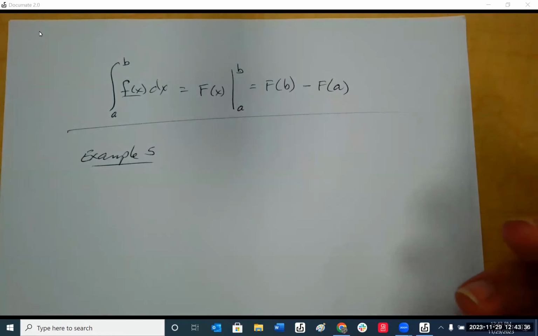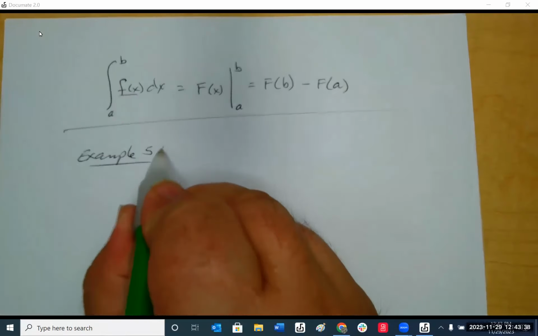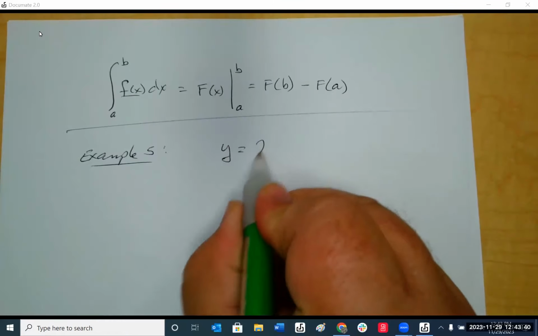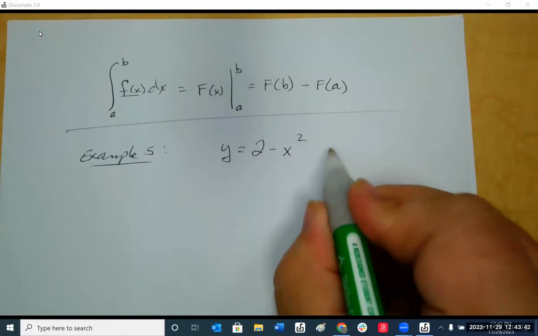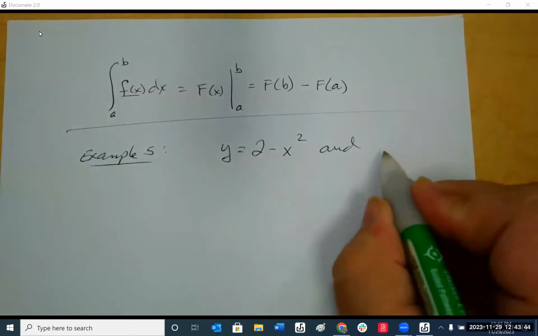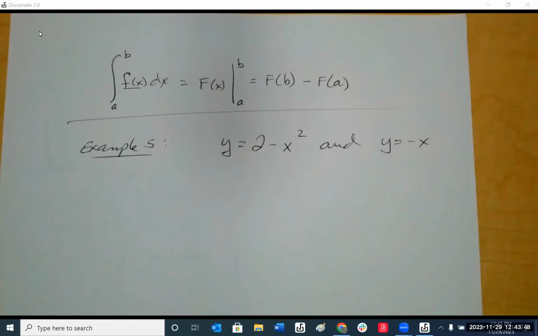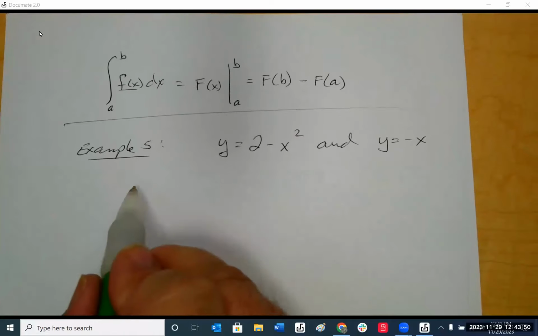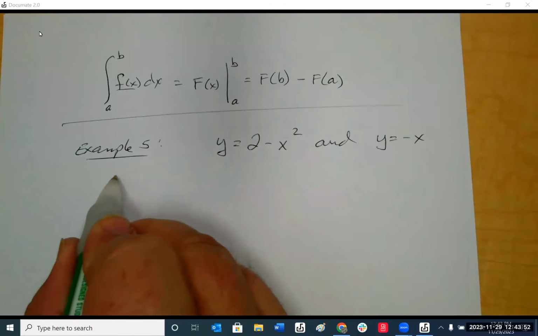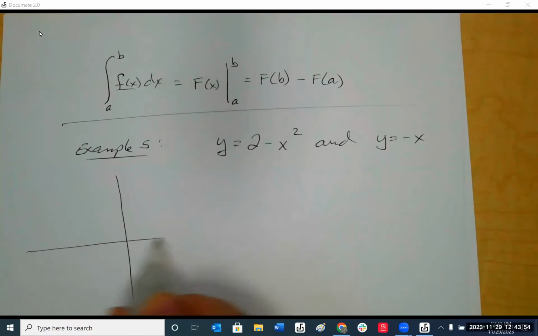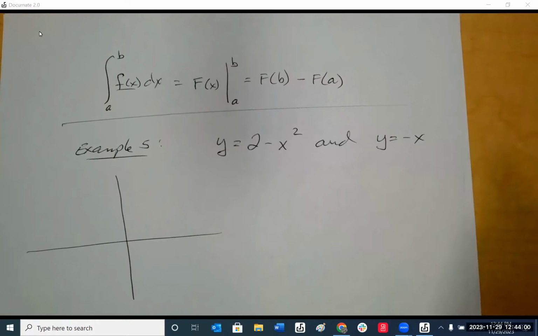Find the area of the region enclosed by the parabola y equals 2 minus x squared and the line y equals negative x. Now you notice it didn't give us any other information.